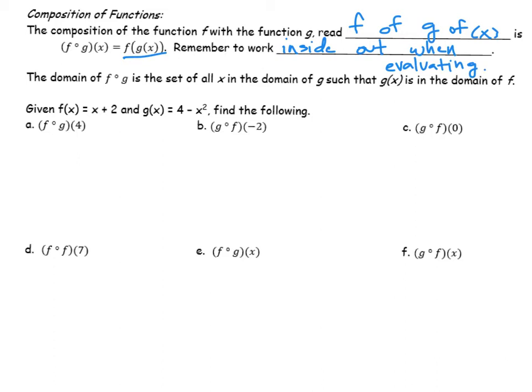So for example, here's f of g of 4. What happens here is I take g and it's getting plugged into f, okay? So I'd have something like this: there's f, and then 4 minus x squared is going in.